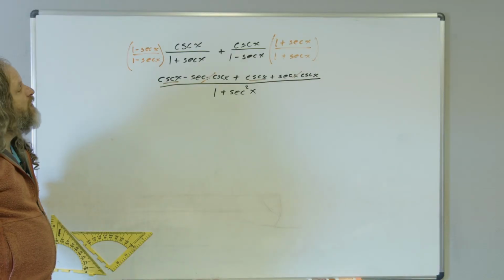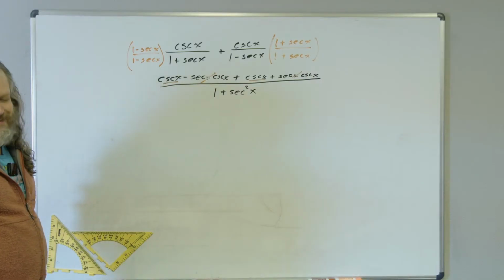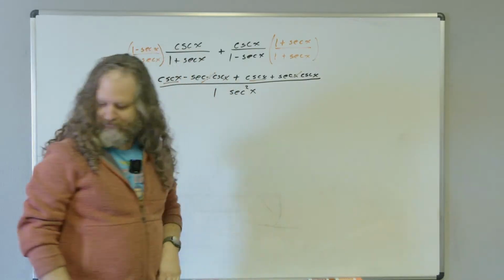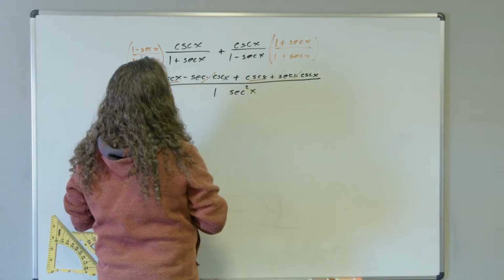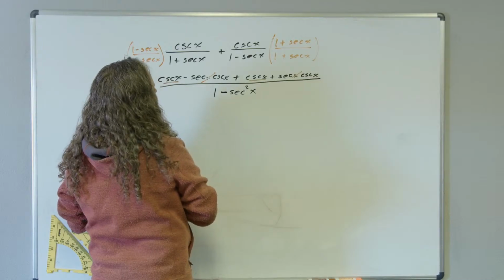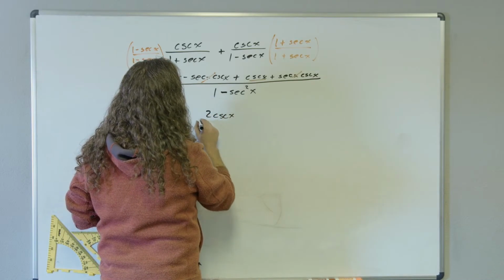But secant x times negative secant x is negative secant squared, which is going to make a big difference. The numerator is still 2 cosecant x.